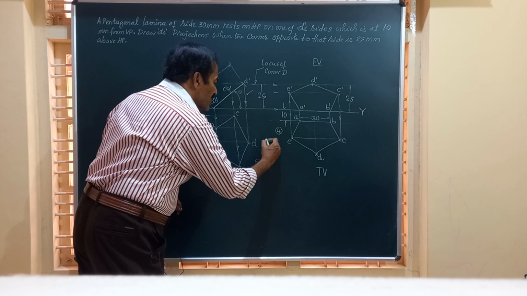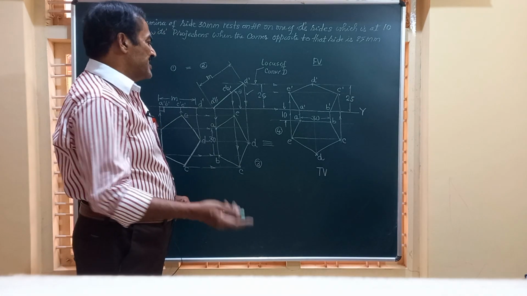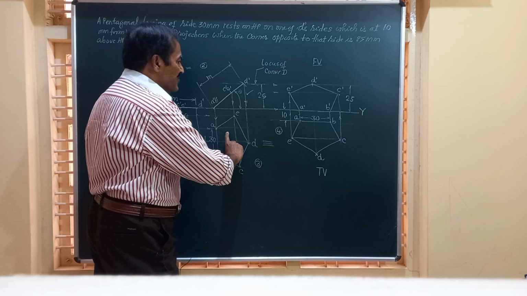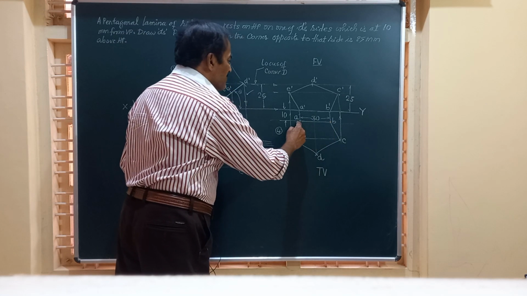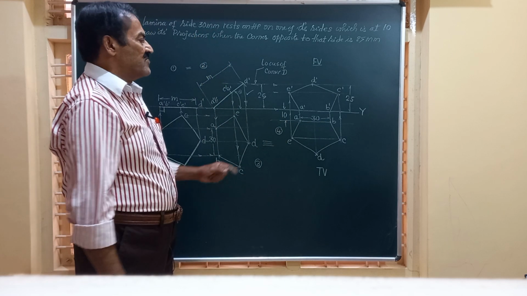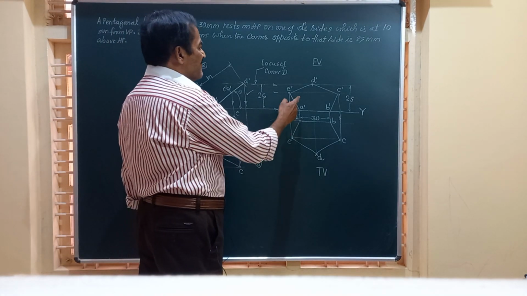These two are exactly identical excepting for the orientation of the sides. So I construct this figure here keeping the edge AB on this line which is at a distance of 10 millimeter from VP, and obtain the final front view.